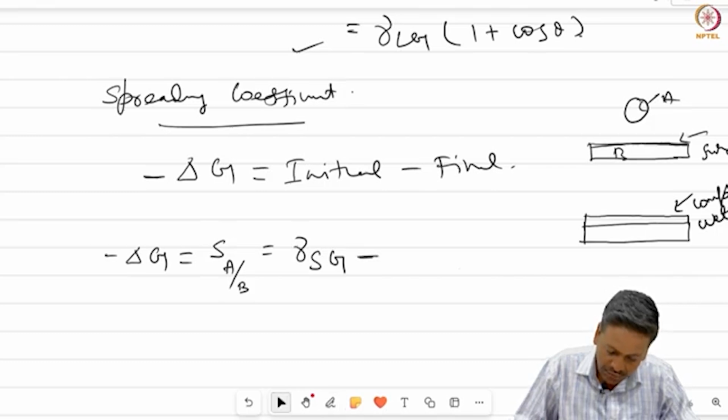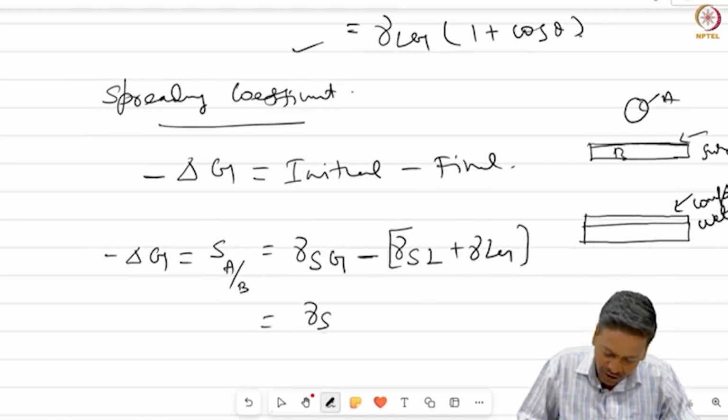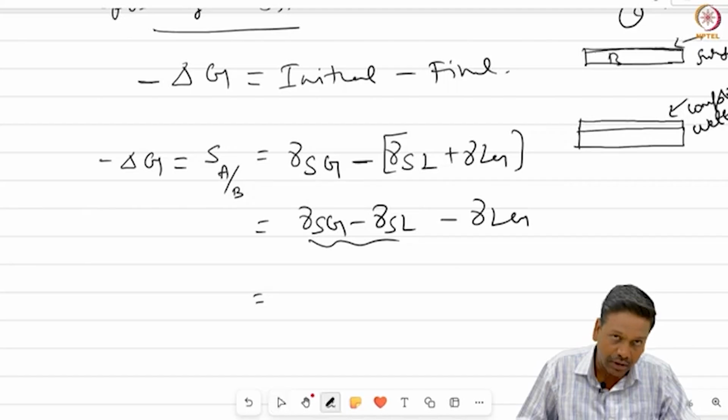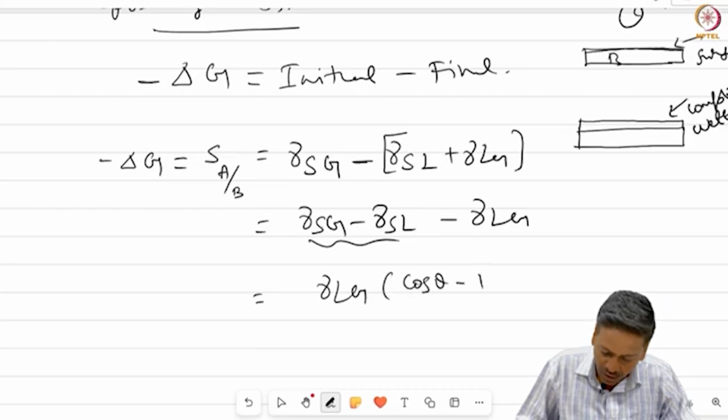And minus my final configuration, which is gamma SL plus gamma Lg. So you can also say this is gamma Sg minus gamma SL minus gamma Lg. Borrowing from Young-Dupre, this is nothing but gamma Lg times cos theta minus 1.